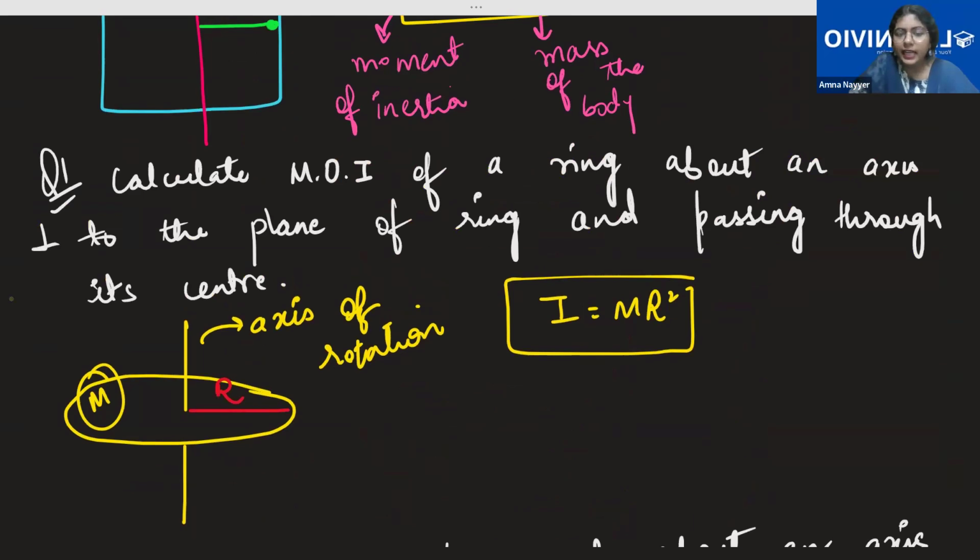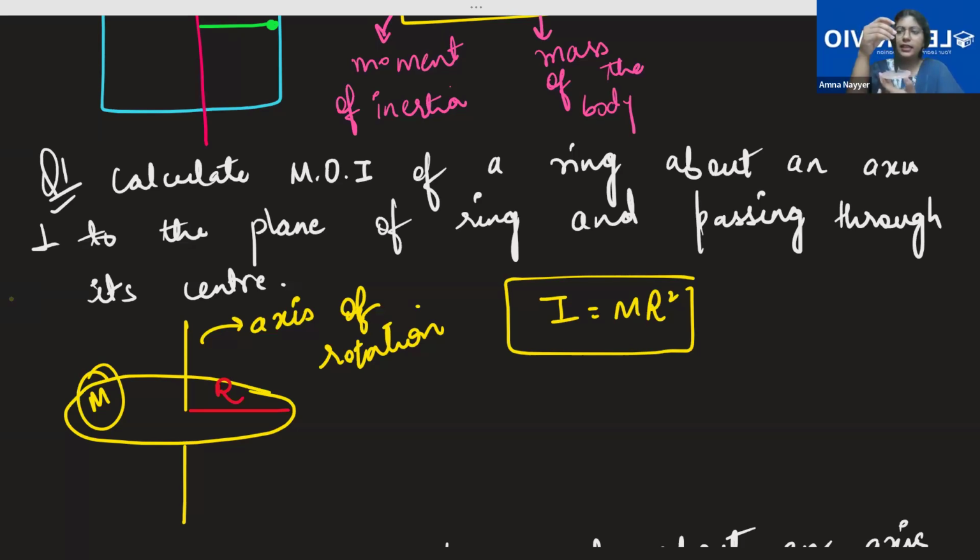Like a moment of inertia, you will be asked to calculate about a specific axis. If I say this is a circular disc, and there's a perpendicular axis present like this, or the axis of rotation is like this, something rotating like this has this as the axis of rotation.